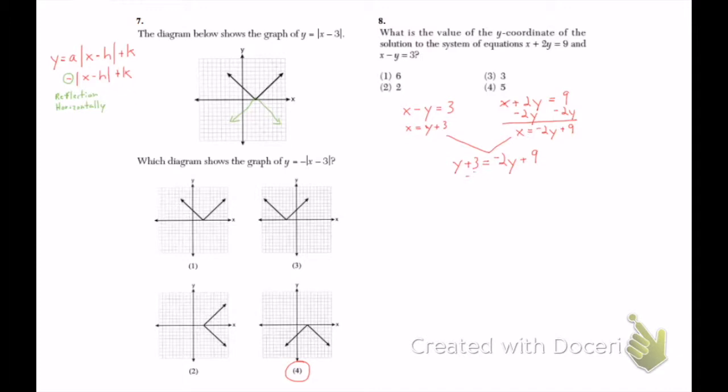So let's bring over a 3, that becomes 6, bring over a 2y, and we get 3y is equal to 6. We divide by 3, and we get that y is equal to 2. The question says, what is the value of the y-coordinate? Since we found the y-coordinate, we know that the answer must be choice number 2.